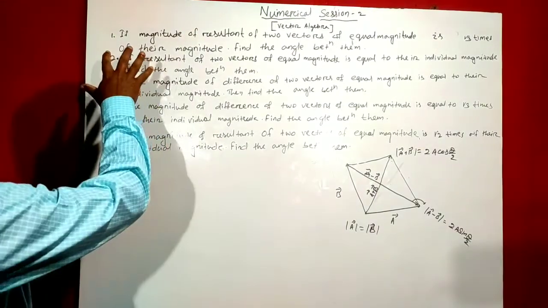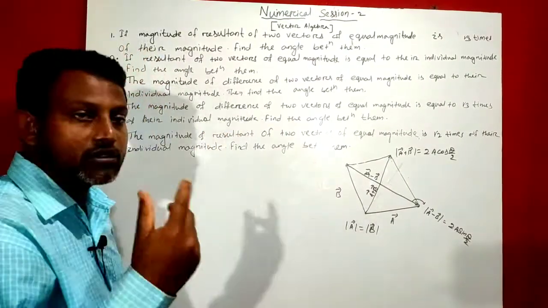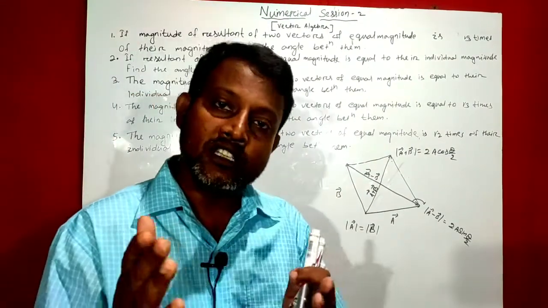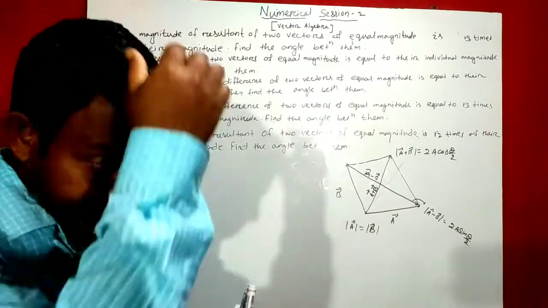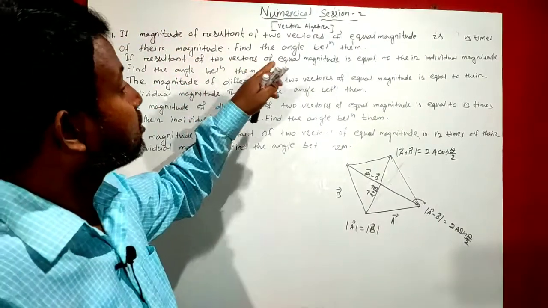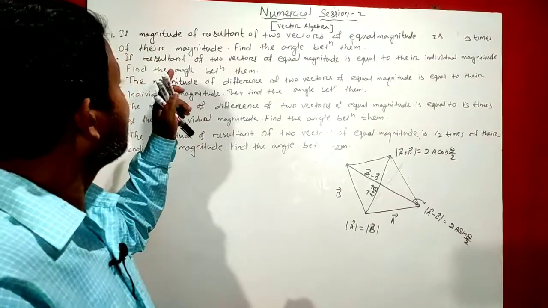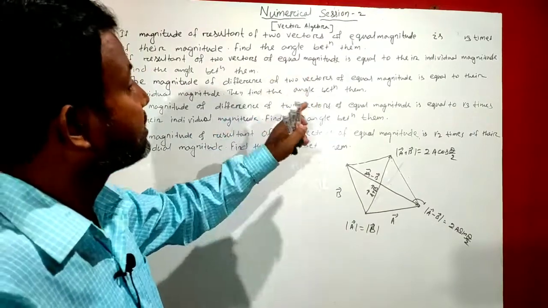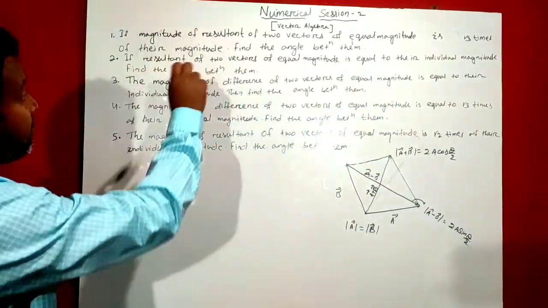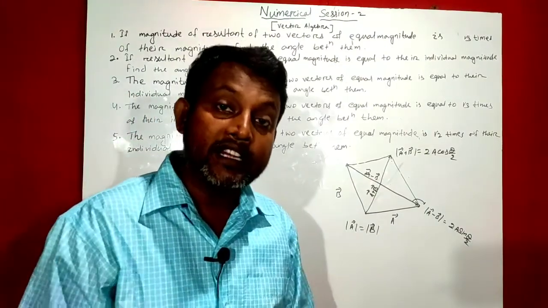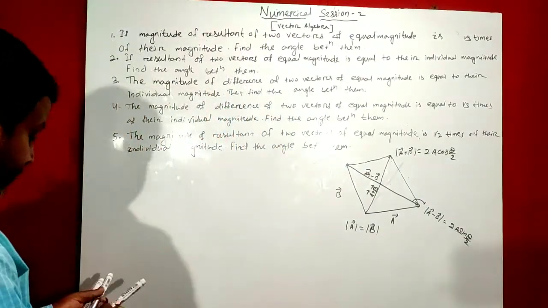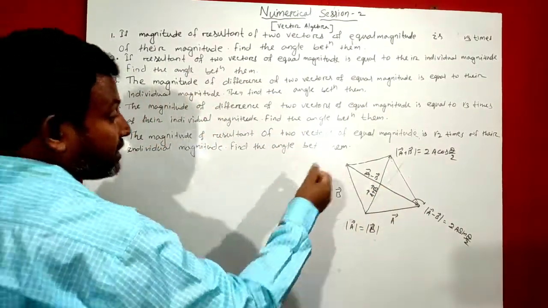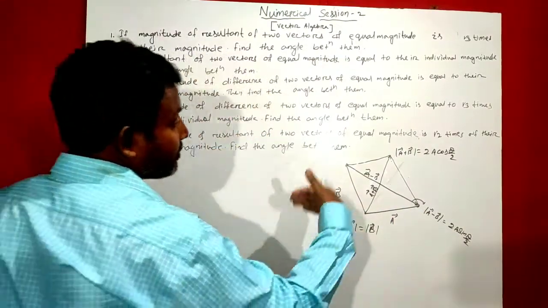That means these vectors have the same magnitude, and their resultant is root 3 times their individual magnitude. So the magnitude of a plus b is equal to root 3 times a.